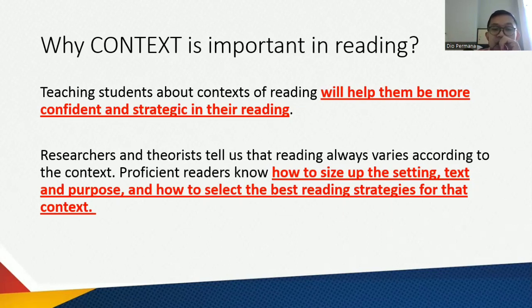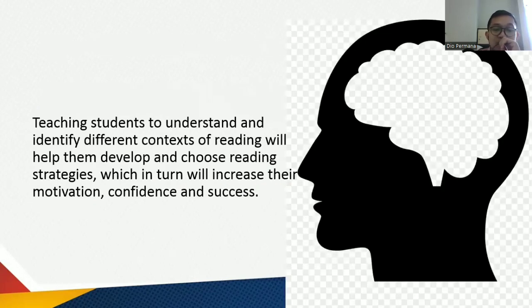Okay. Research and theory tell us that reading always varies according to the context. Proficient readers know how to size up the setting, text, and purpose, and how to select the best reading strategies for the context. Yeah, so that's why it is very important for you to apply this understanding of the context, even if it is the context of the words or the context of the text.